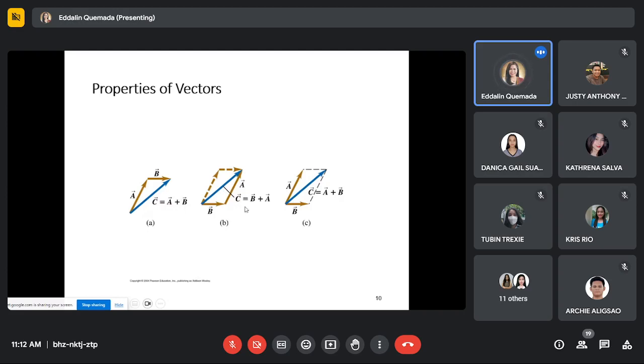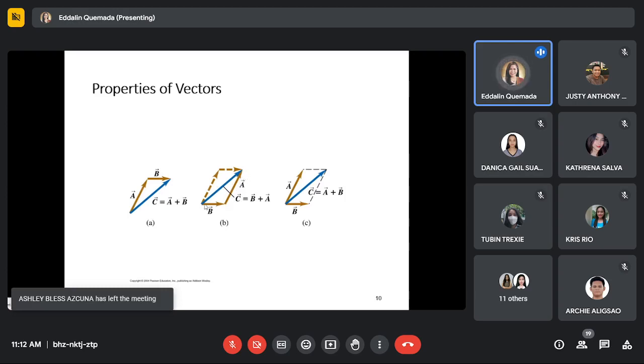Okay? Now this time, let's have, class, scenario B. Still, our given is the same. We have vectors B and A. But in this given case, the first vector being plotted is vector B, right? And the next added vector plotted next to it is vector A. Same length as scenario A. It's still heading towards north of east.